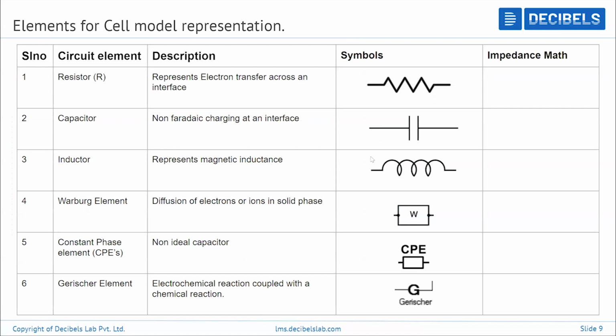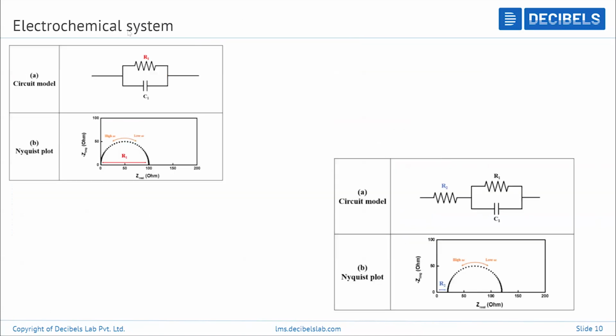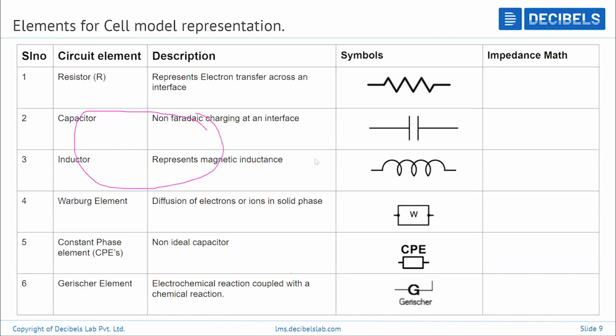Here you can see the electrochemical systems and equivalent circuits. This is a simple model, similar to the current model, with one RC. This is something you can see, the Nyquist plot.